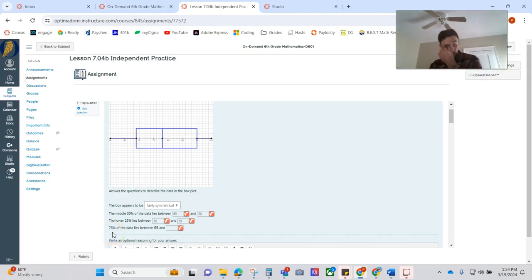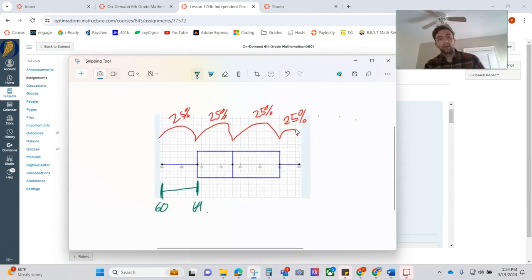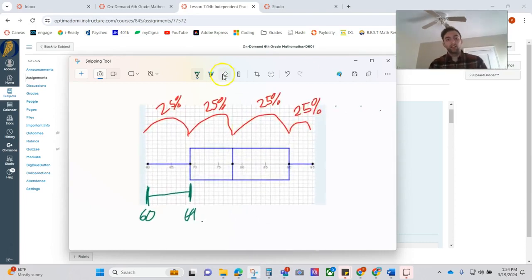Part 4. 75% of the data lies between 69 and what? 69 and 60? No, that's only 25% of the data. Is it between 69 and 78? Is that 75% of the data?